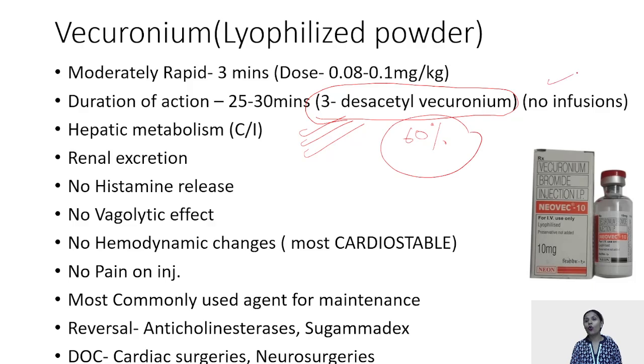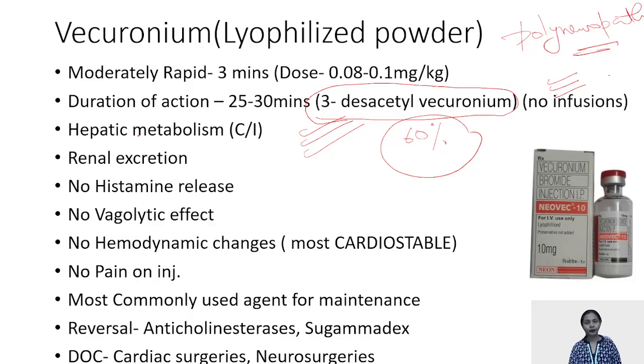Thus, no infusion of vecuronium is given because eventually it leads to polyneuropathy. That is why vecuronium is avoided for long infusions, as it has an active metabolite with around 60% of its potency.